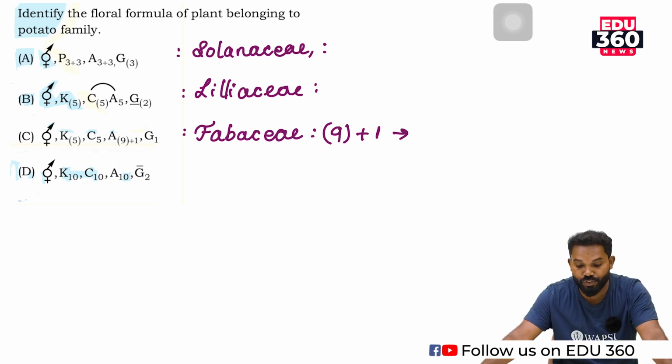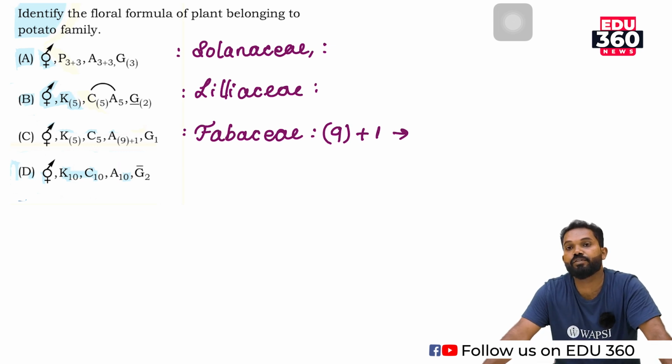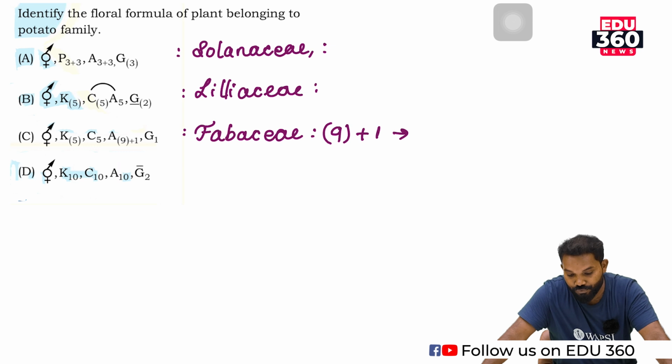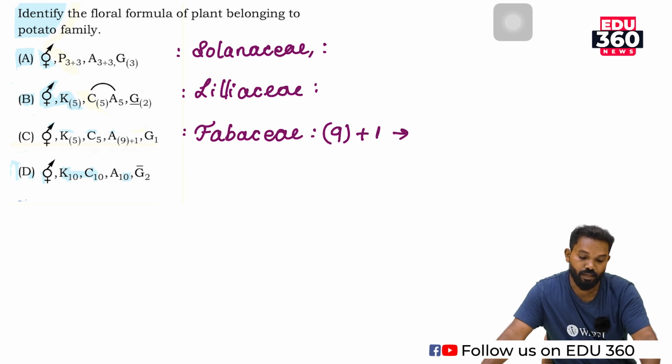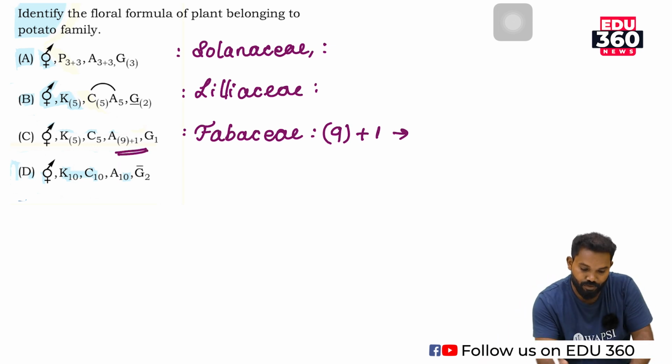The stamens fuse, but the fusion leads to the formation of two groups of stamens. One contains 9 stamens fused to form one group, and one remains free. So the 9+1 condition is the unique character of Fabaceae. This one is the 9+1 condition, it is Fabaceae.